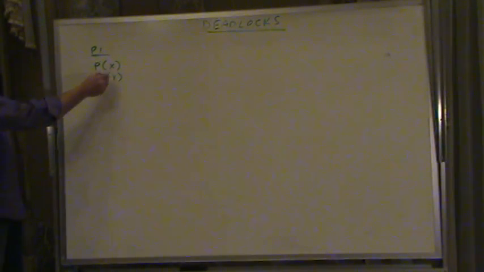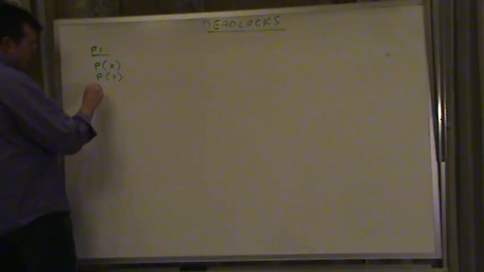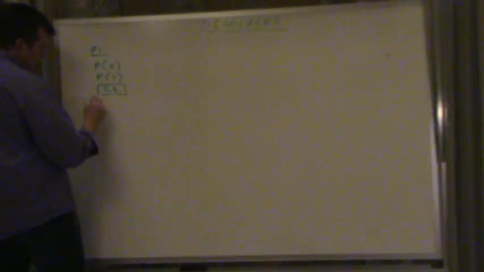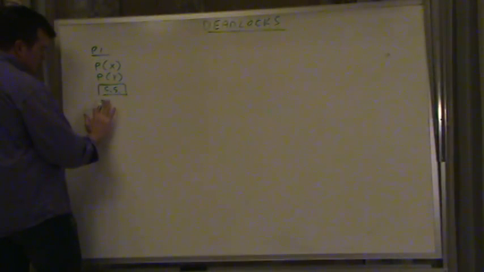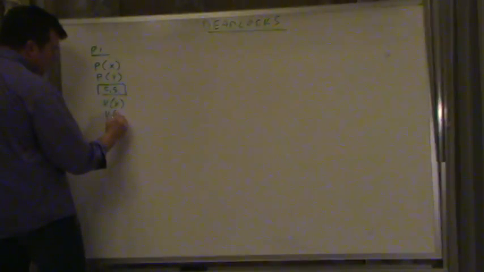This could be a checking account, a savings account, or a printer and a disk drive, whatever you want, but it's some resource that is being shared. Then it can enter its critical section. And then it gives up resource X with a V, and it gives up resource Y.